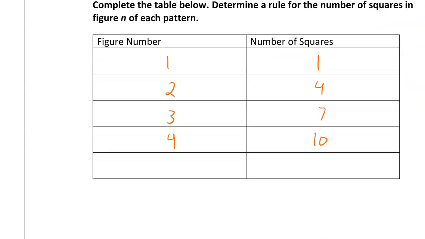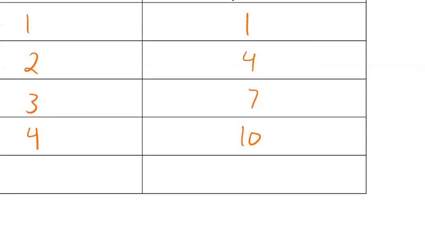Now, I already know that just because I can look at what the number of squares are increasing by. So from figure 1 to figure 2, it increased by plus 3. Figure 2 to figure 3, again, plus 3. And figure 3 to figure 4, again, plus 3.